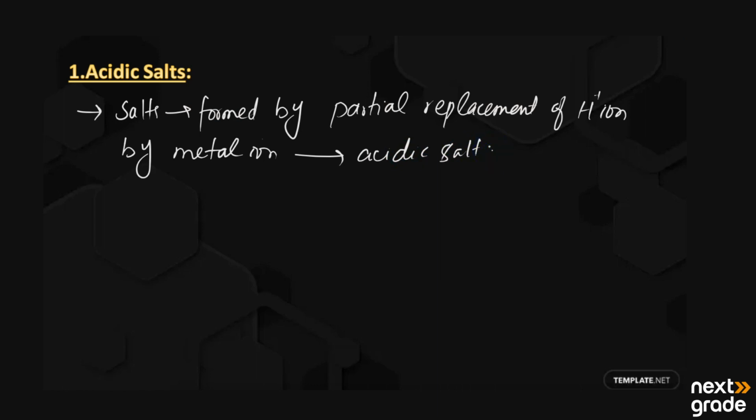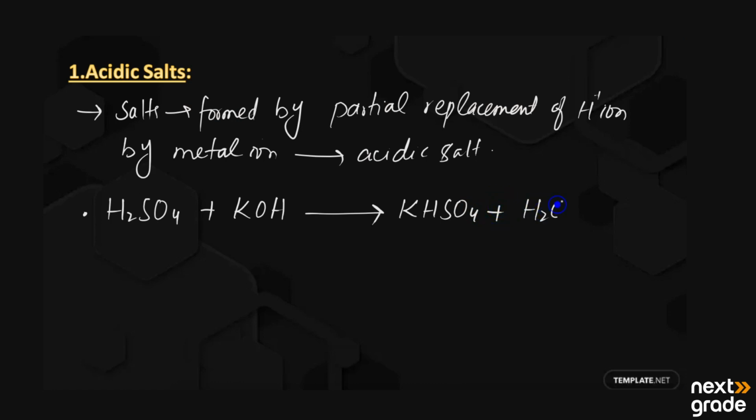Or we can identify it from an example. For example, if we have the reaction of H2SO4 as acid with the metal hydroxide, potassium hydroxide, then we have the product KHSO4 along with a water molecule.